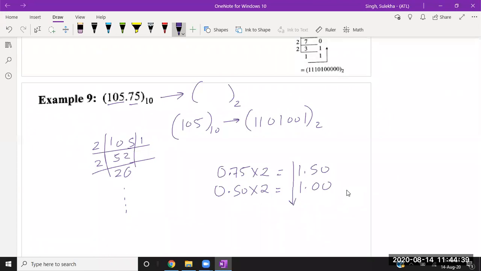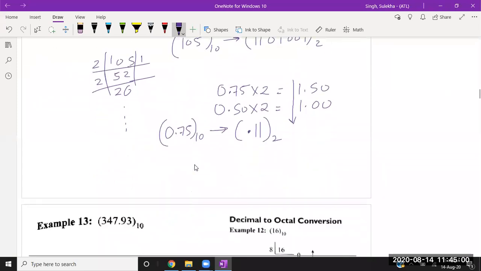So for 0.75 in decimal, when you convert it to binary, you get 0.11. This one is the first digit, and this one is the next one: 11 base 2 as the binary fractional part. Whenever you compile the whole thing, 105.75 base 10, you write your answer like this.